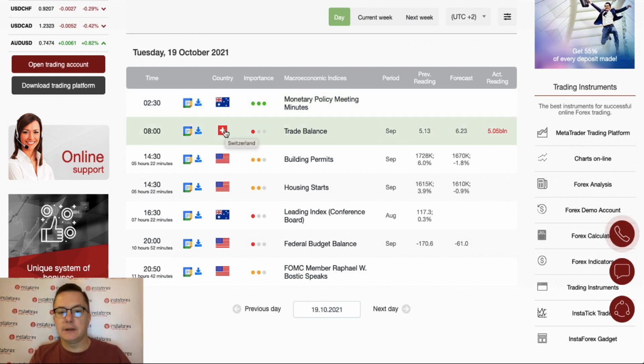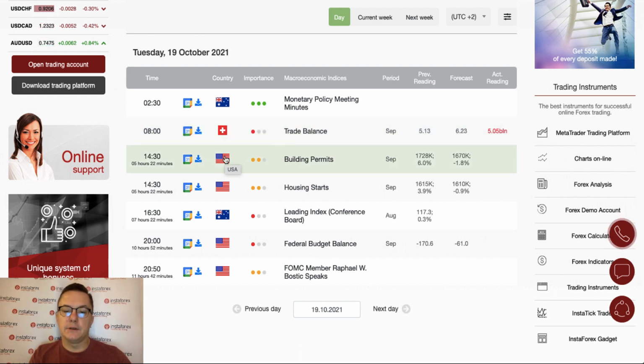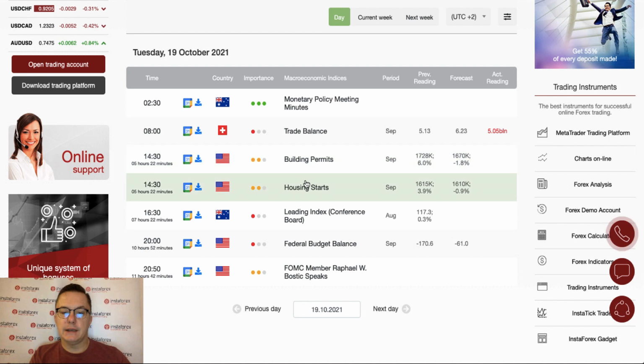Moreover, the London session is almost without any data release, but during the New York session we got data from the US scheduled for release at 2:30. This is the building permits and housing stats.